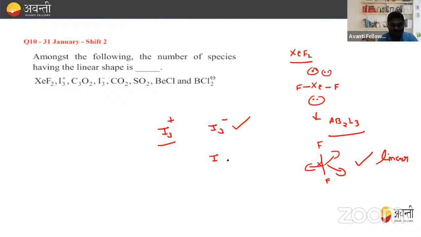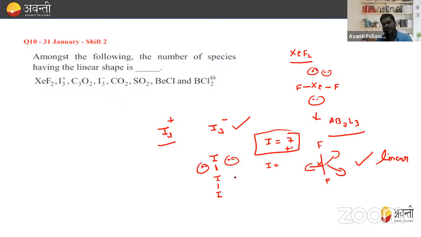Iodine has 7 electrons, plus 1 for the negative charge, that is 7 plus 1, 8. Out of these 8 electrons, 2 electrons are in bonding. How many lone pairs does it have? It has 3 lone pairs. So 3 lone pairs and 2 bond pairs, again like AB2L3. Again, this is linear. I3 negative is also linear.